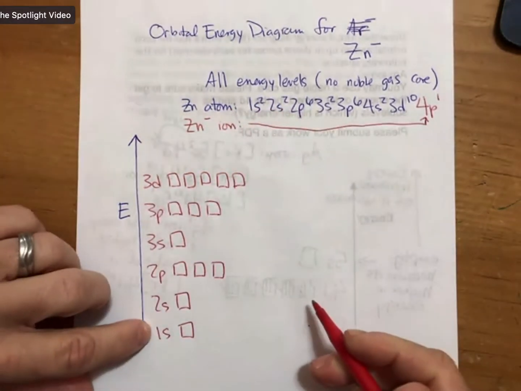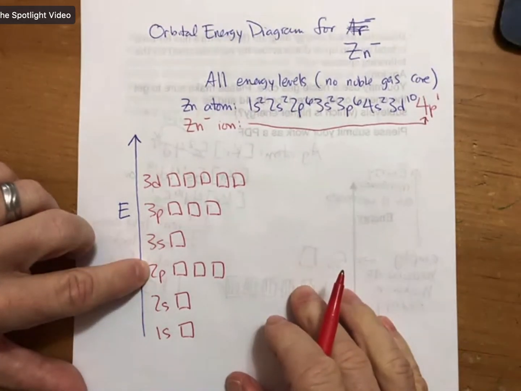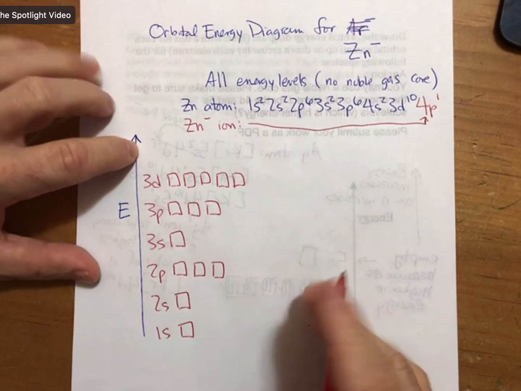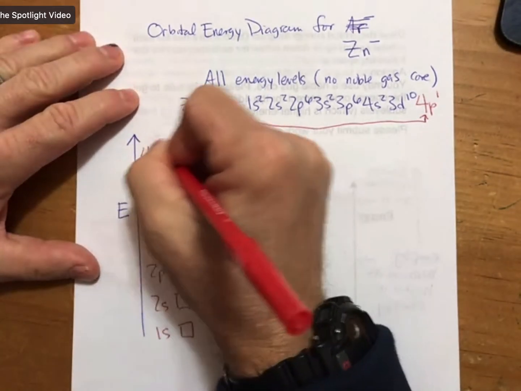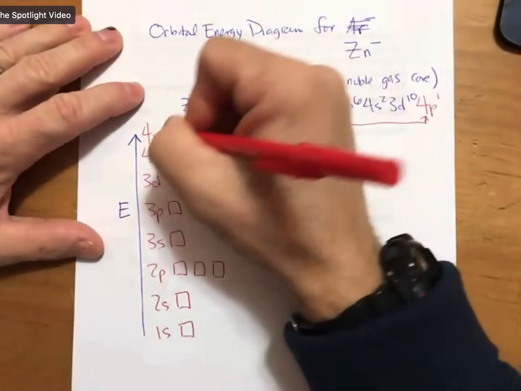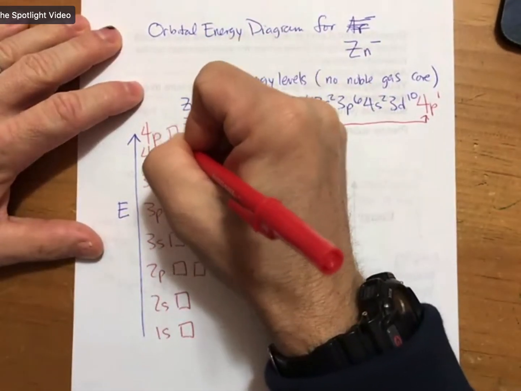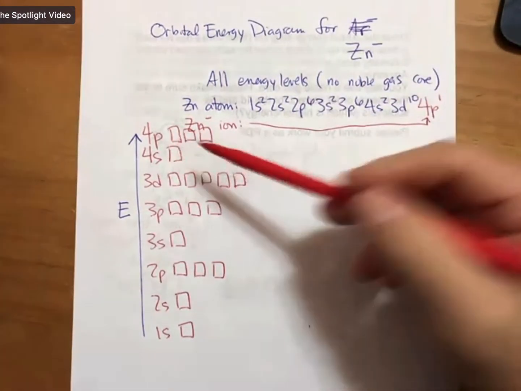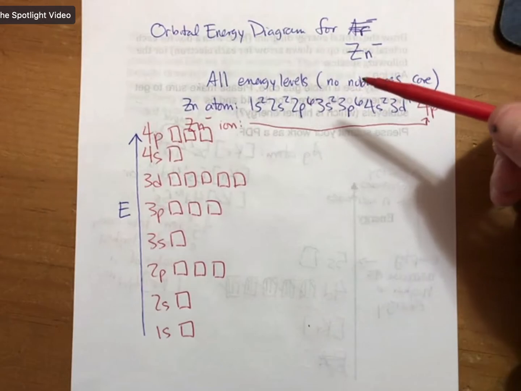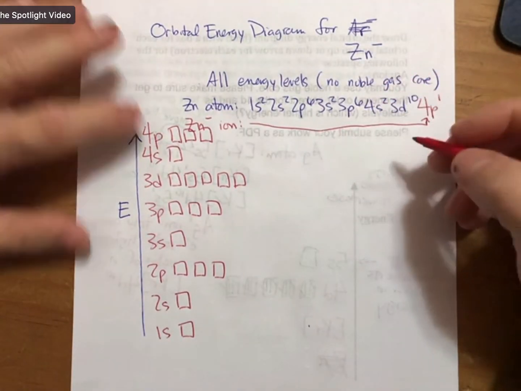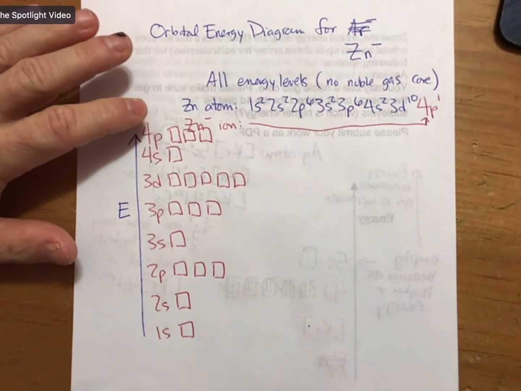It's always the 1s, then whatever 2s you have, then whatever 3s you have, then whatever 4s you have. I almost ran out of space, but we're going to squeeze it in here. And the 4p still has 3 orbitals. You still do typically draw all the orbitals, even though there's only 1 electron that's going to go in there.